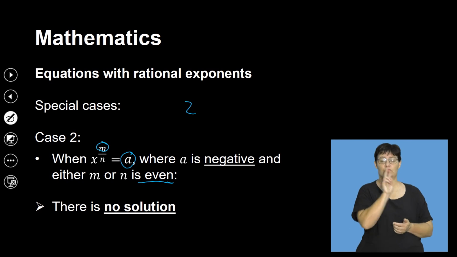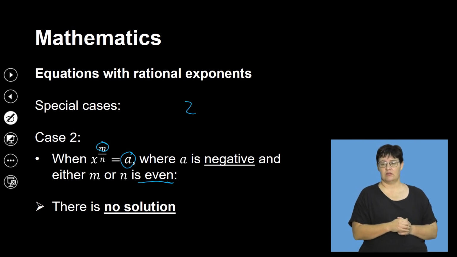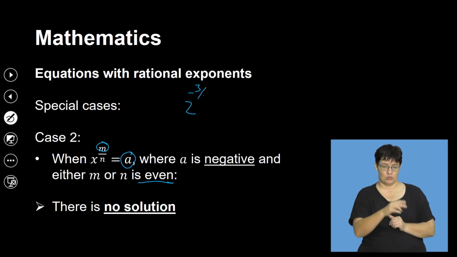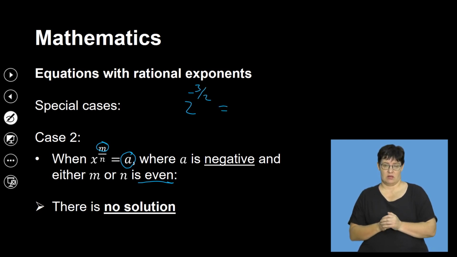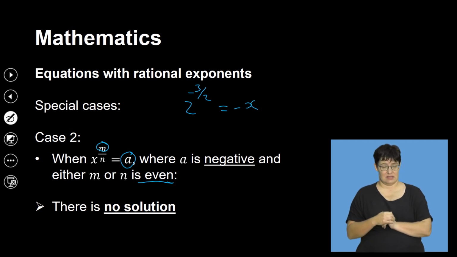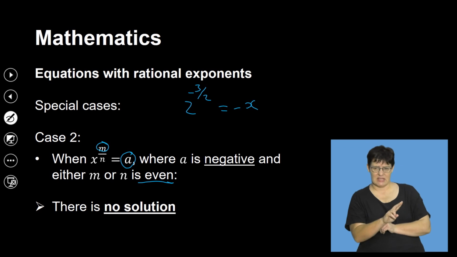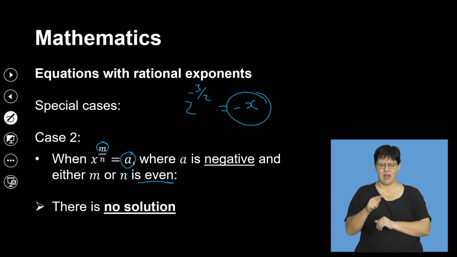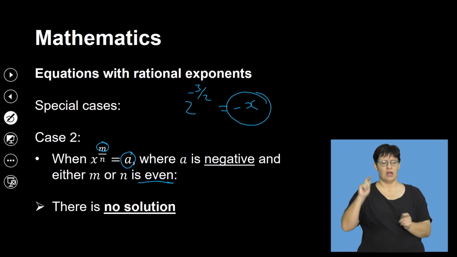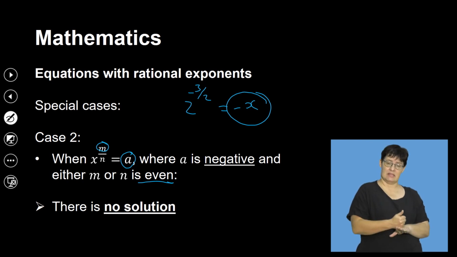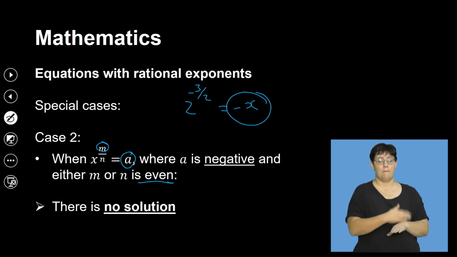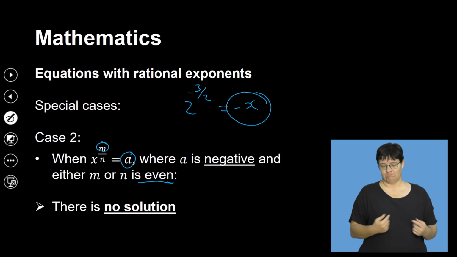If I give you 2 to the exponent of minus 3 over 2 is equal to, right, negative x like this, right? So you can already see that there is no way that I will have negative x changed to have a base of 2 that is positive in order to do anything there, right?